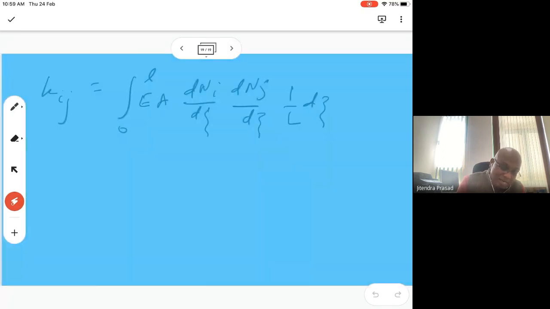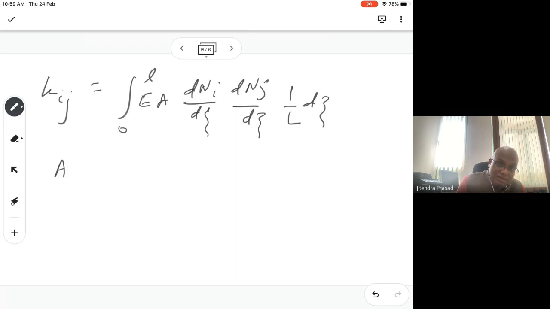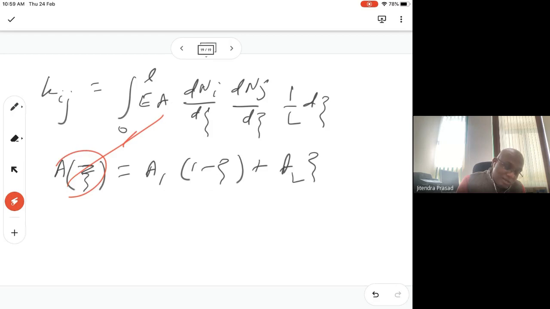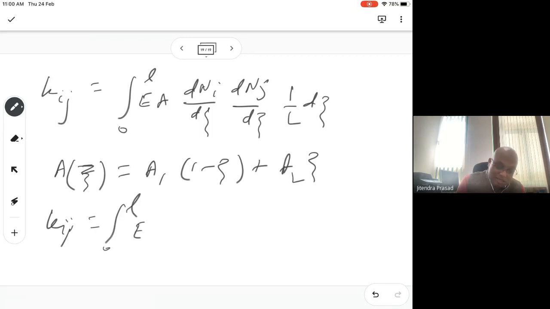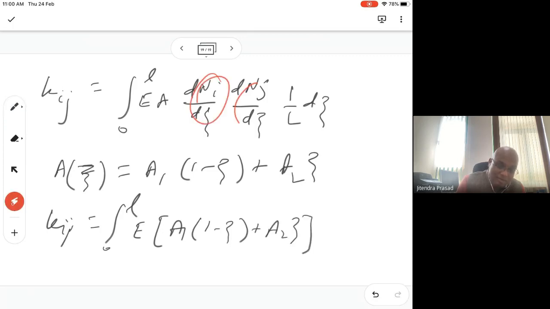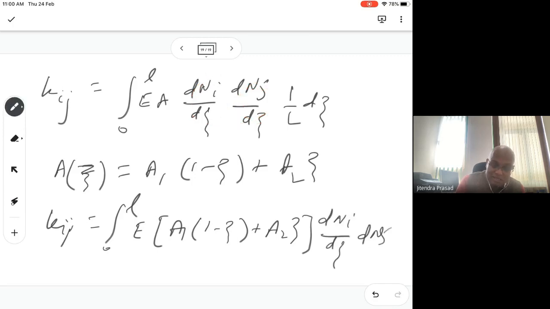Now A is given as A as a function of xi is given as A1 times 1 minus xi plus A2 xi. It will fit here now. You can put this value here. So Kij equal to integral, E is a constant, then you have A1 1 minus xi plus A2 xi, right? And then you can have the values of this, whatever you get, dNi d xi dNj d xi over L.